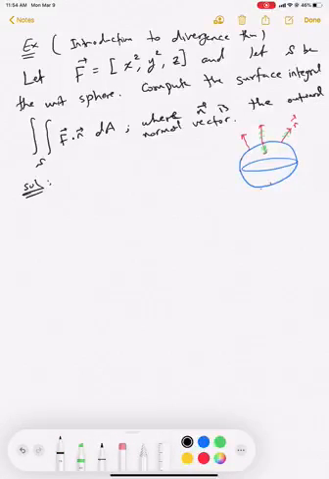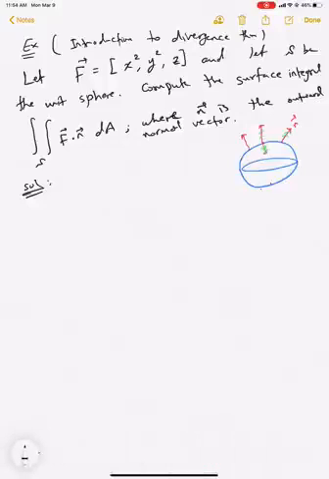So as a surface integral, we start by finding the parameterization of the sphere. And remember, the parameterization is the spherical parameterization. So it is sine phi cosine theta, sine phi sine theta, cosine phi.